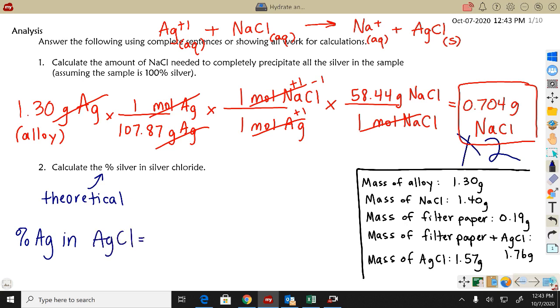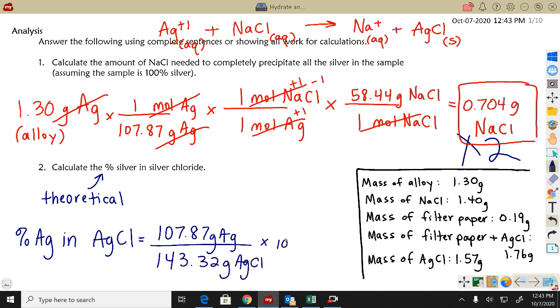So the mass of silver on my periodic table is 107.87 grams. And then we just divide by the mass of silver plus chlorine. Silver plus chlorine, 143.32.